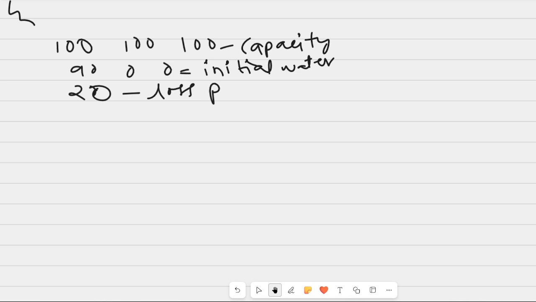So n is 3, and they have given the capacity and the initial water.